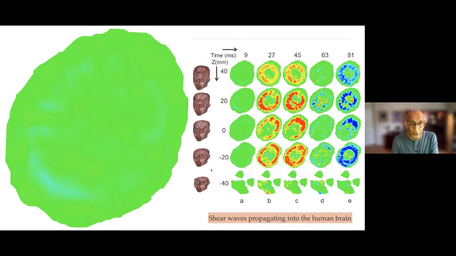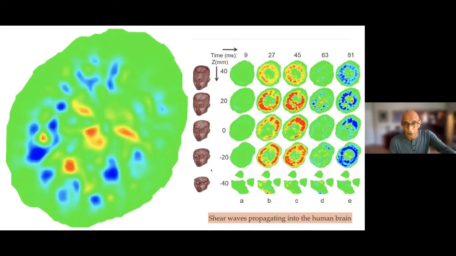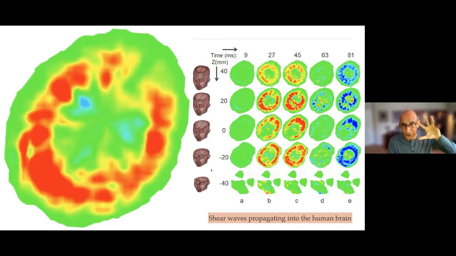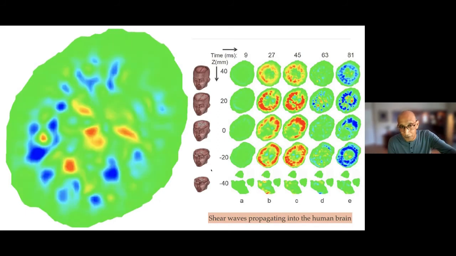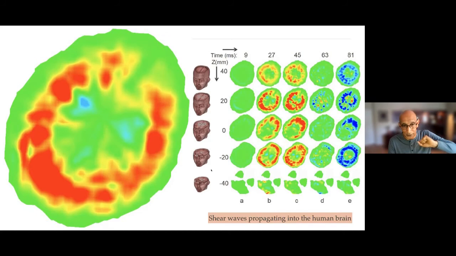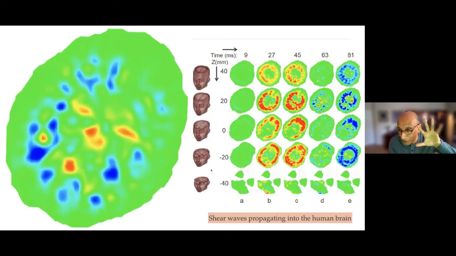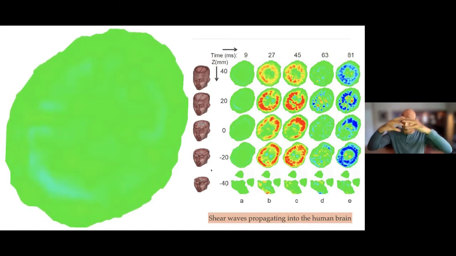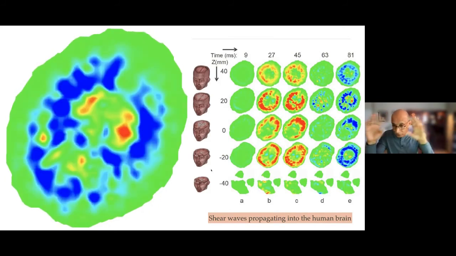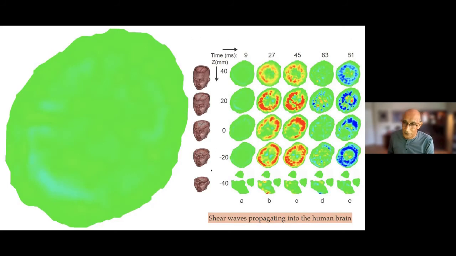As I run the movie, this is a calculation. What I'm showing you is the shear strain. You can see the shear strain propagating into the middle of the head and then propagating out. It changes sign as it propagates in and out. It takes about 30 milliseconds for the shear wave to propagate in and then propagate out. So there's a natural frequency for the brain, given that 30 millisecond time scale.